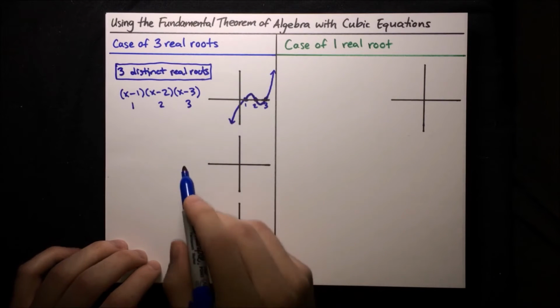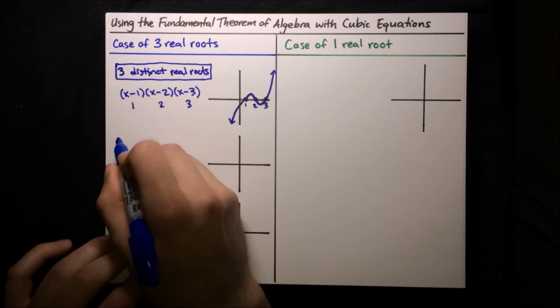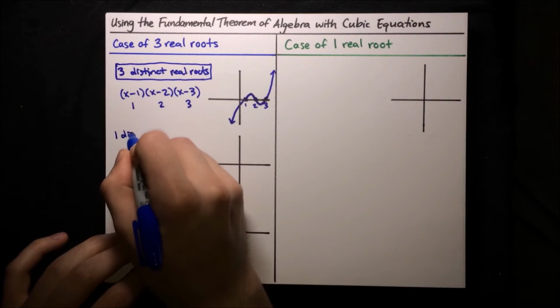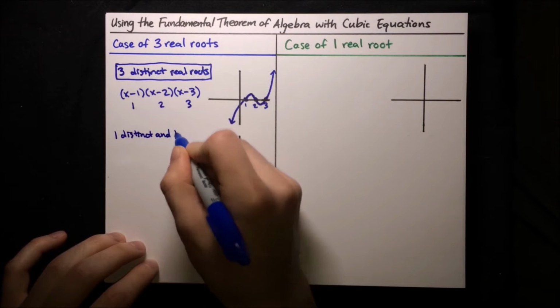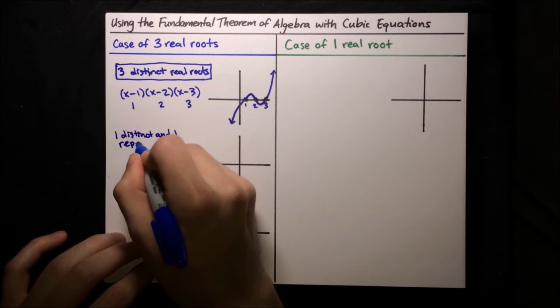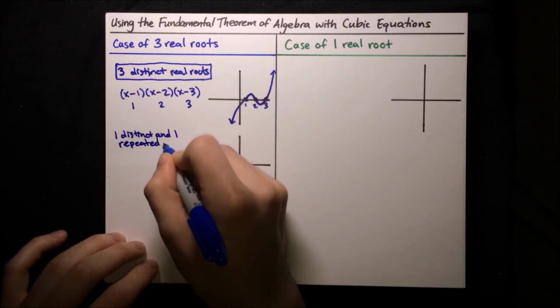What are the other cases? Well, another case is 1 distinct and 1 repeated root.